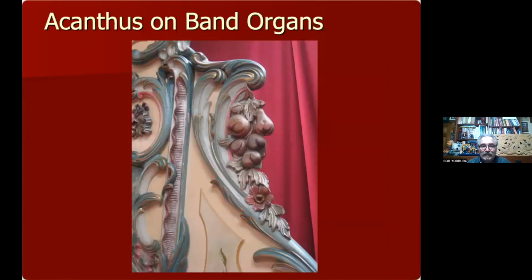I just think this is fabulous, where you have acanthus leaves, you have some Baroque and Rococo elements, and then you also have fruit dripping down, pears, I'm assuming apples, what have you, flowers. It's really, really nifty. Next.